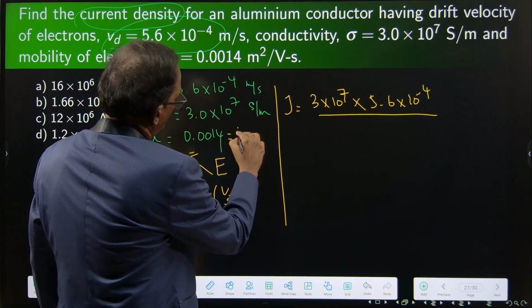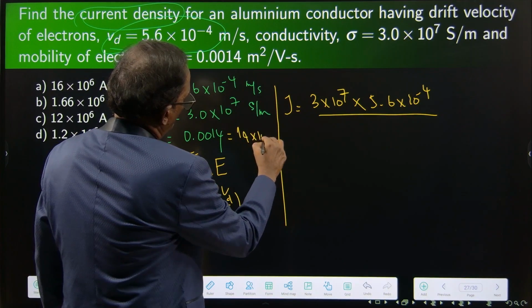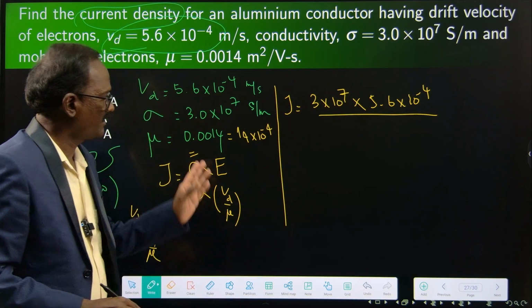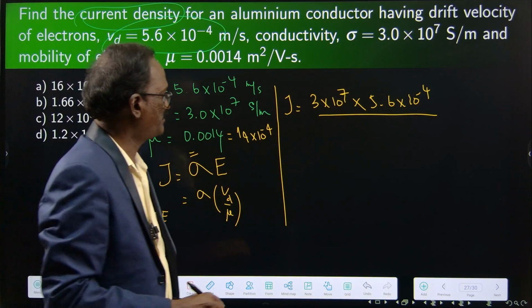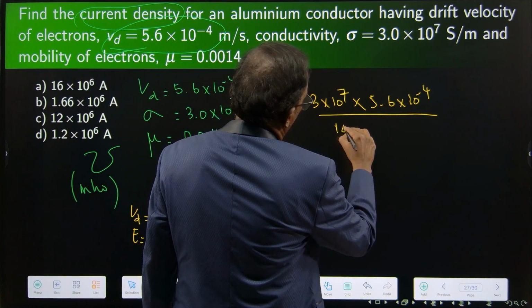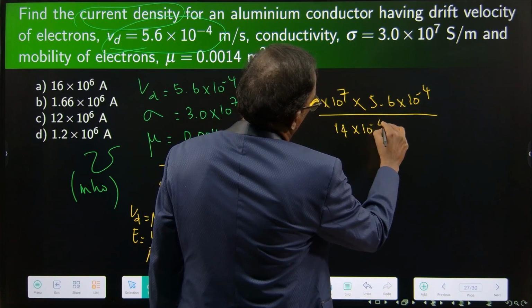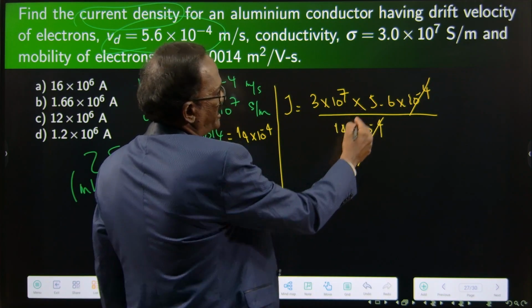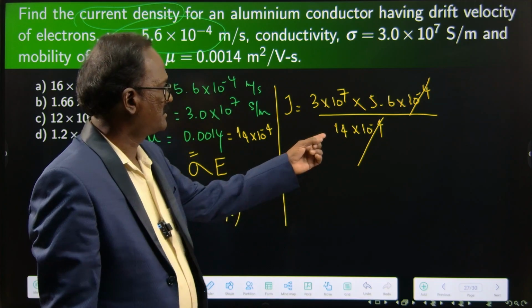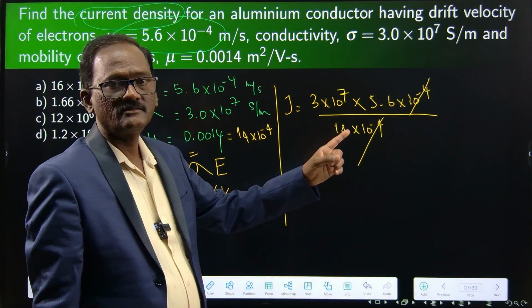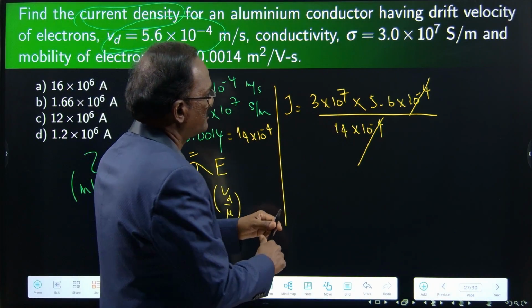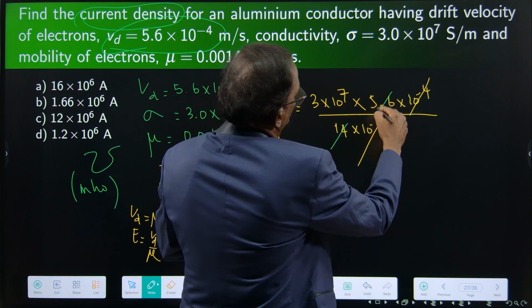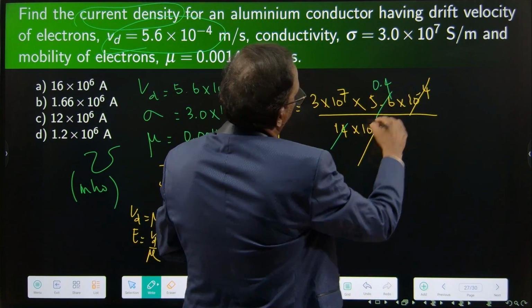0.0014, let me write it as 14 into 10 to the power of minus 4. Yes. Decimal point I am removing, 14 into 10 to the power of minus 4, so that I can cancel these two terms. 14 into 5.6 has connection. 4 into 14 is 56, but it is 5.6, so this is 0.4.